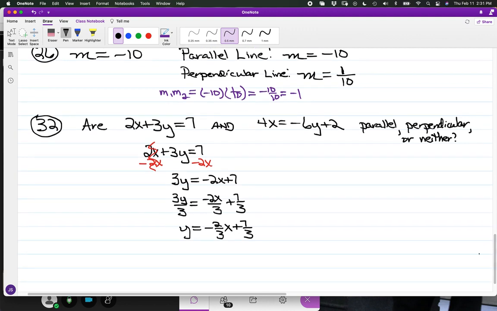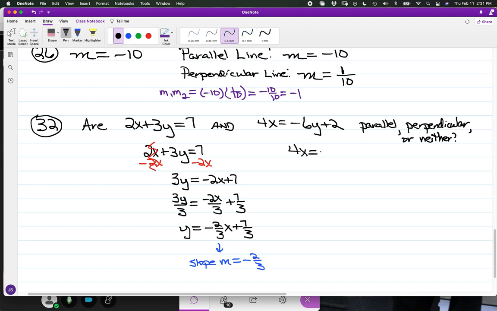From the slope-intercept form, with y isolated, the coefficient alongside x is going to be the slope. So you have the slope equal to -2/3.